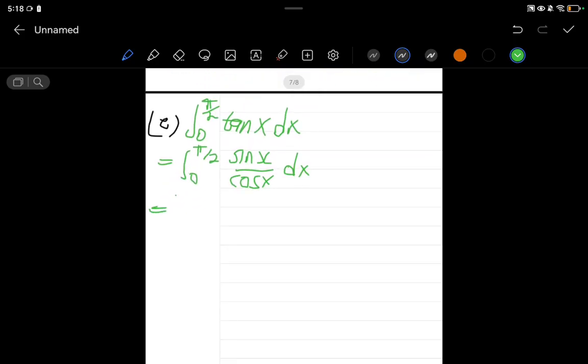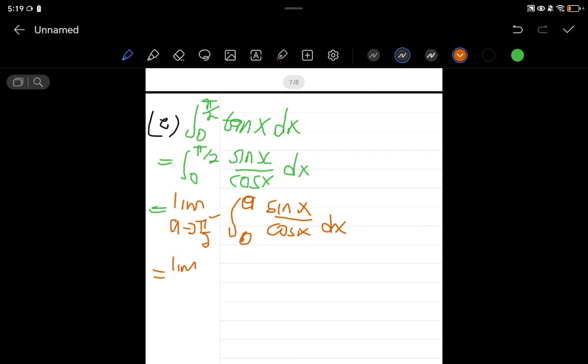So this would be the limit as a approaches pi over 2 from the negative of the integral from 0 to a of dx. And then this will be the limit as a approaches.